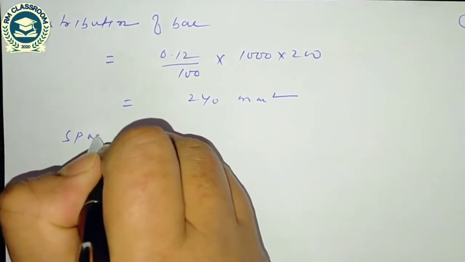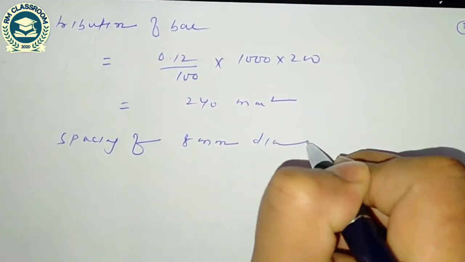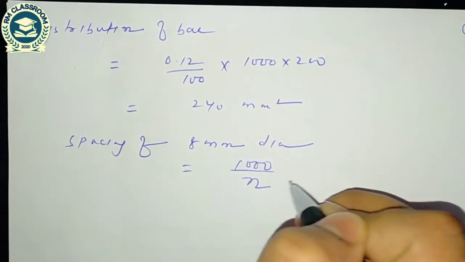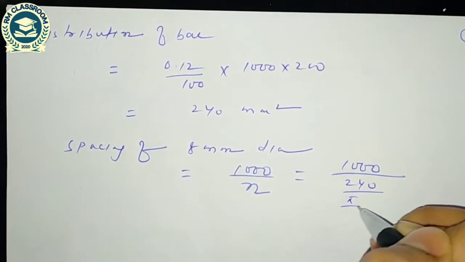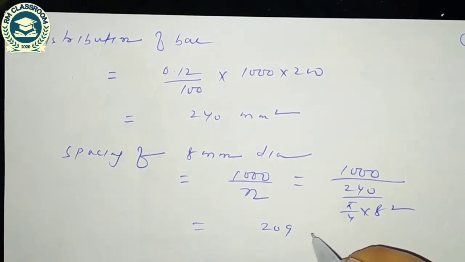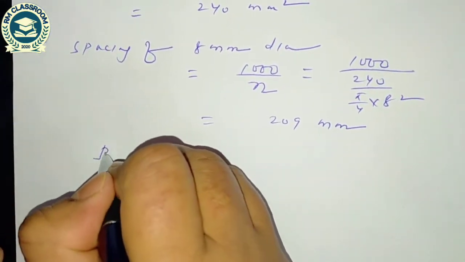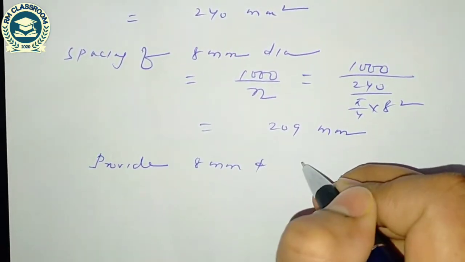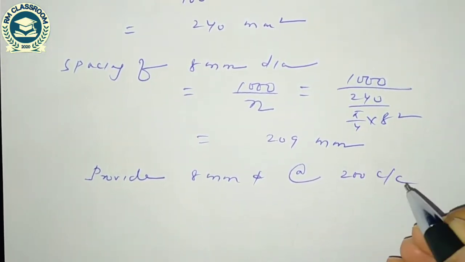So spacing of 8 mm diameter is 1000 by 240 by pi by 4 into 8 square. So it is coming 209 mm. So provide 8 mm phi at the rate of 200 center to center.